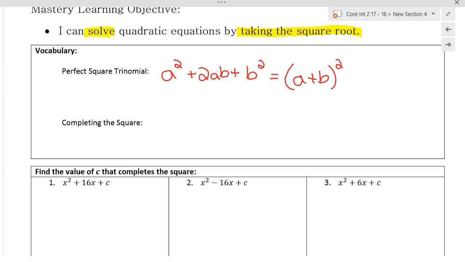Completing the square, we are finding the value of c, and that would make a trinomial a perfect square trinomial.